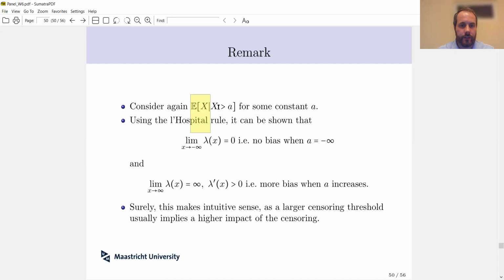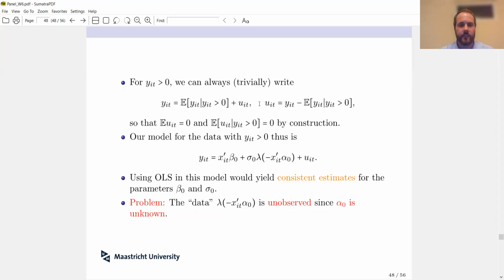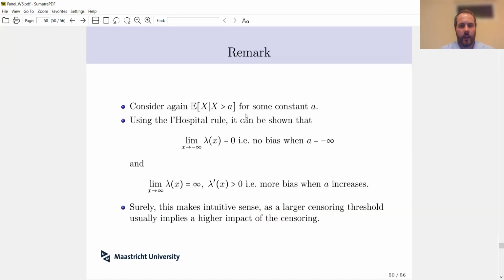Remember that for this sort of thing here, when X was normally distributed, let's quickly take a look at the formula again. That depends on mu, but in particular, it depends on this inverse Mills ratio. So just keep that in mind for a second. And now, how does this behave depending on the constant A? Well, we can actually show that if A goes to minus infinity, then this inverse Mills ratio goes to 0.